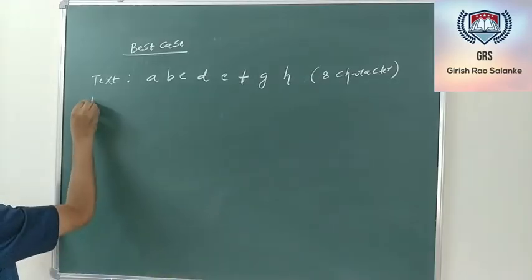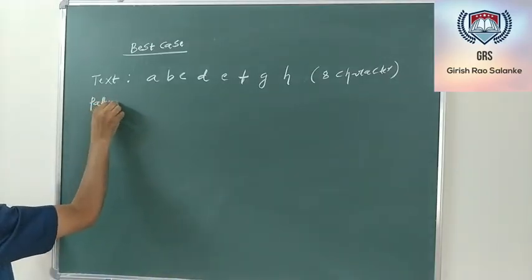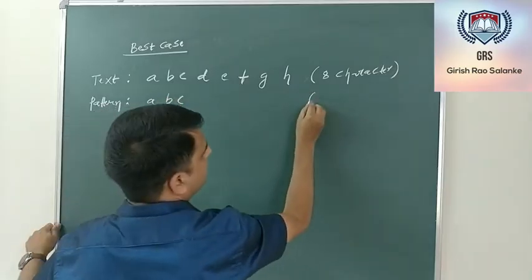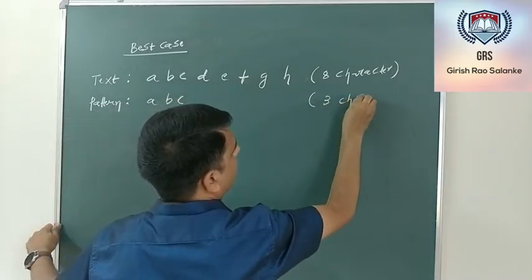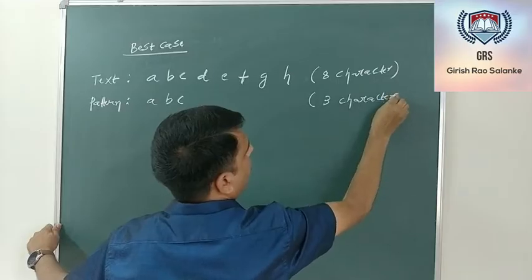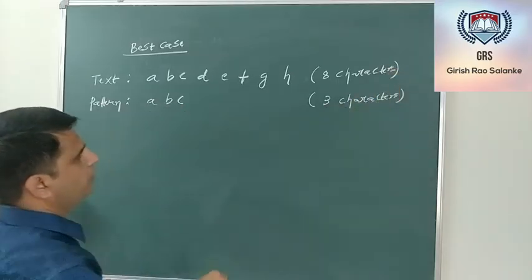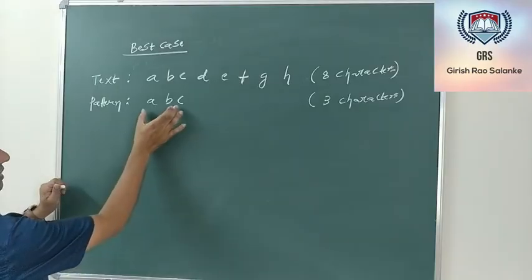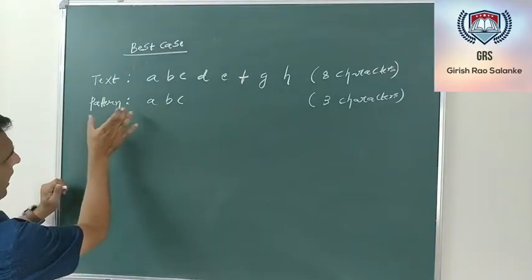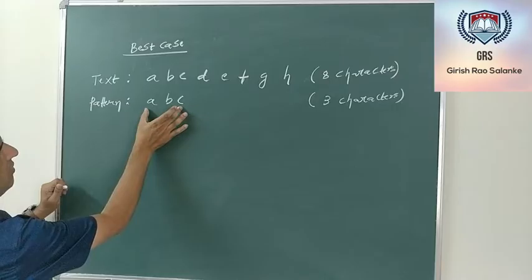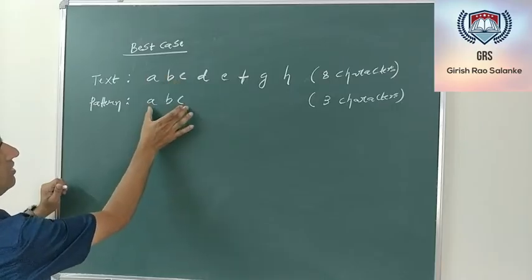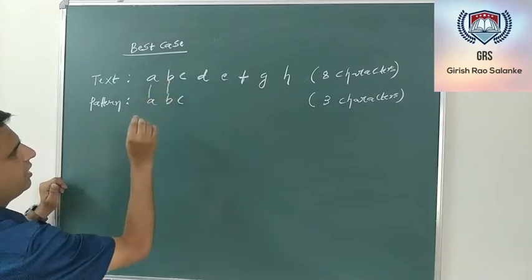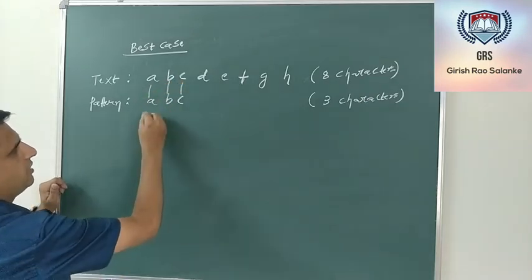Let me take my pattern as ABC, which is just 3 characters. Now if I want to perform the naive string matching algorithm, I align the m characters of the pattern with the first m characters of the text. Now I do a comparison here, it matches. I do a comparison here, it matches. I do a comparison here, it matches.